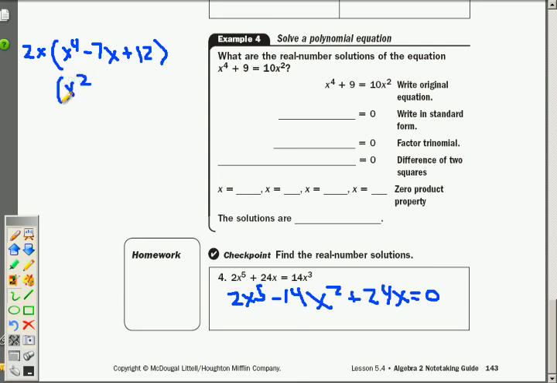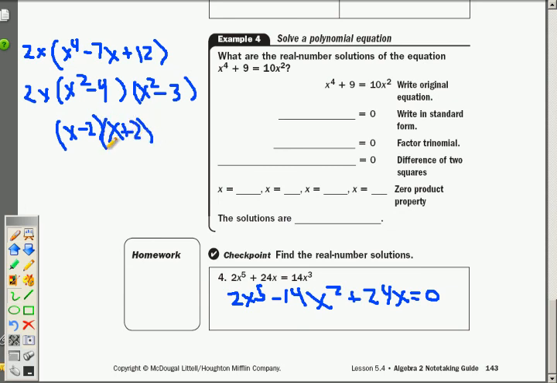X squared, and they're both going to be negative because when I multiplied them I got 12, but when I added them I got negative 7. All right, so this isn't done. I end up with an x minus 2 and an x plus 2. All right, and I have a 2x over here, and I have an x squared minus 3 right here.